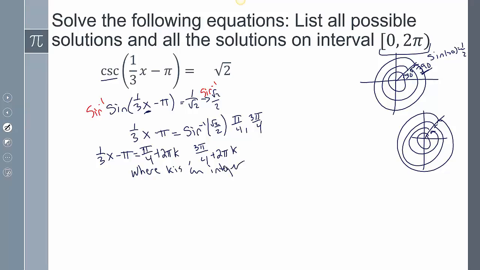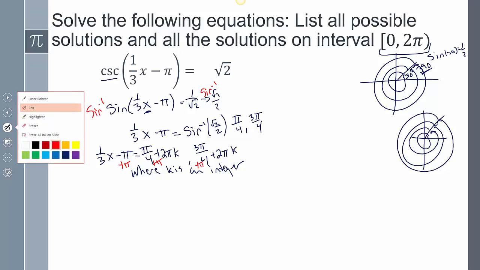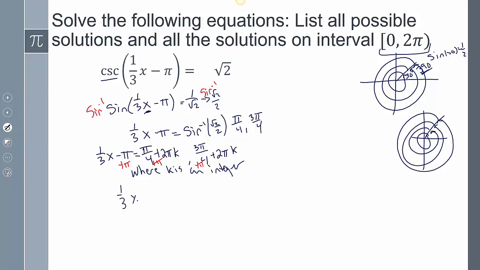Now, I'm not done, right? X isn't by itself, so I still have to add pi to everything. Adding pi, I'm now going to get 1/3 x equals 5 pi fourths plus 2 pi k, and pi plus 3 pi fourths is going to give me 7 pi fourths plus 2 pi k.